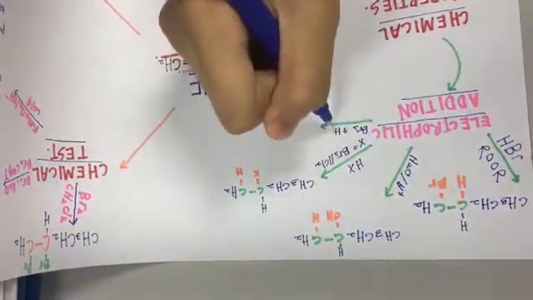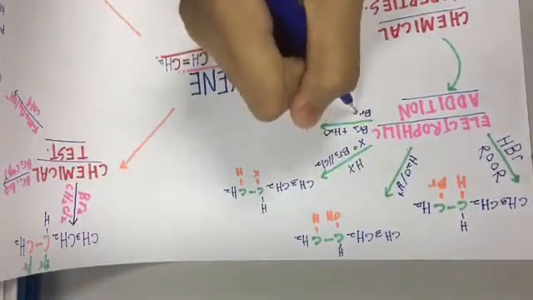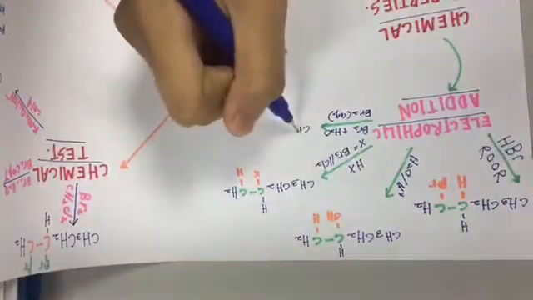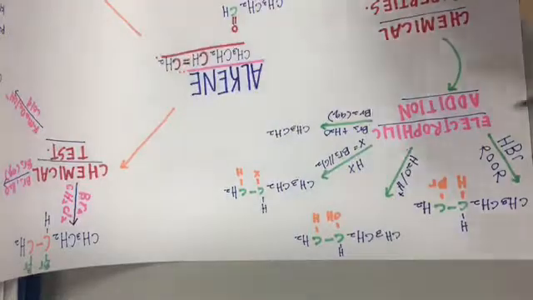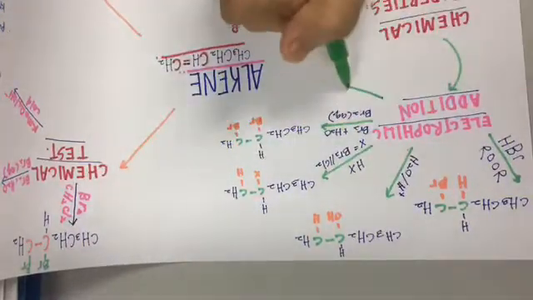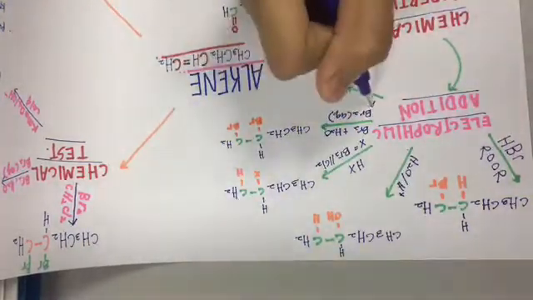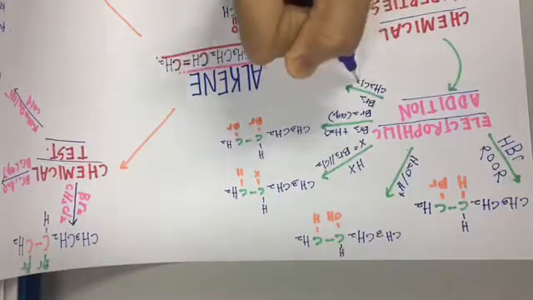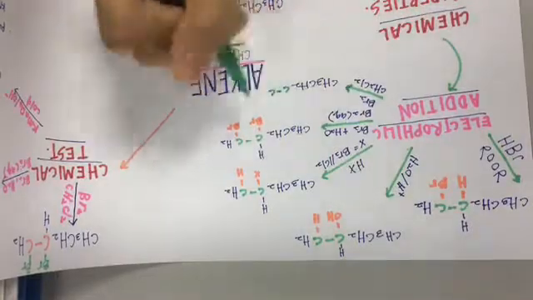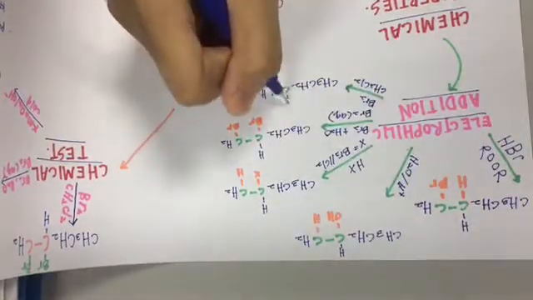For the fourth reaction, Br2 with H2O, or we can use Br2 aqueous. For the fifth reaction is Br2 with CH2Cl2, and it can form, as you can see.